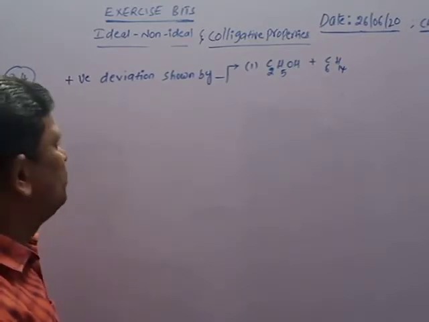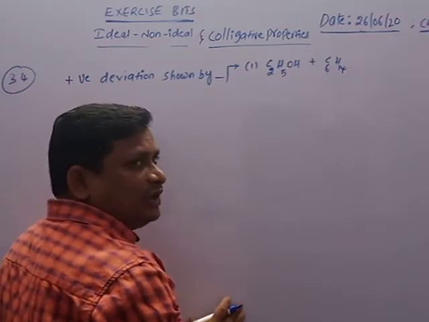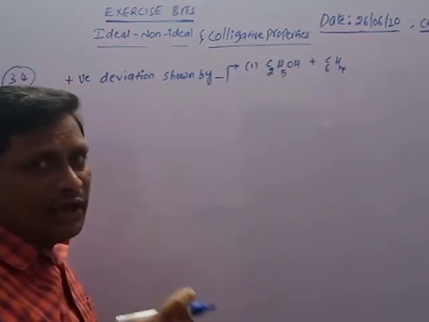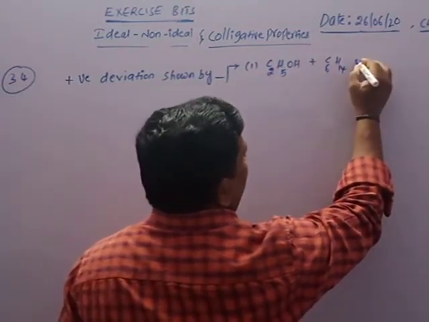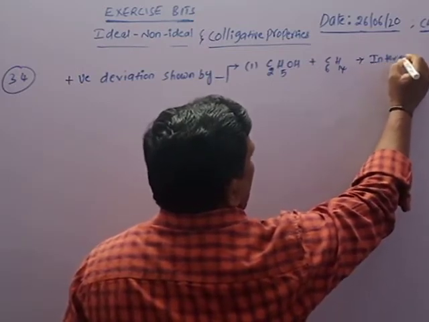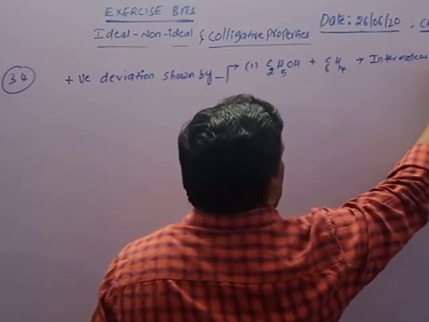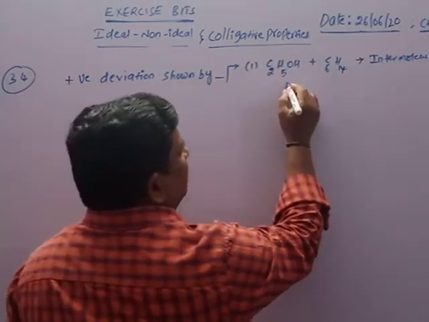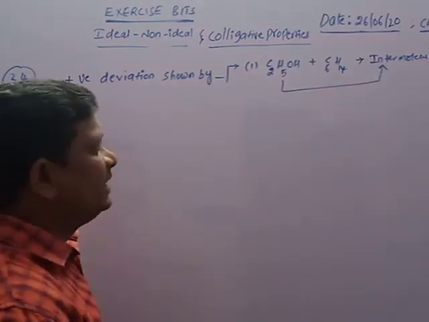This mixture shows positive deviation because in ethyl alcohol, intermolecular hydrogen bonds are present.